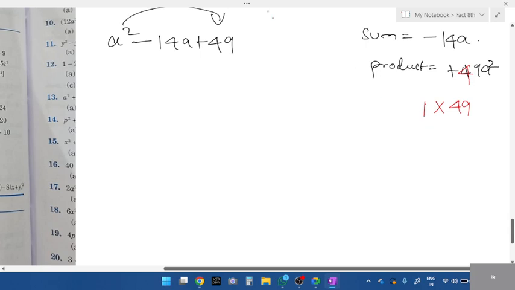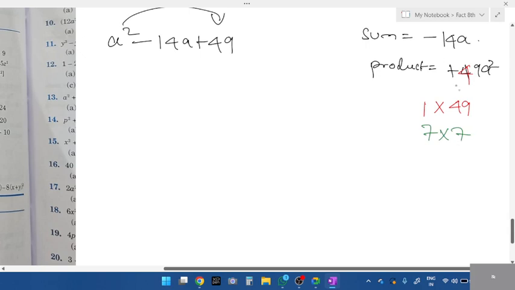Next. Does 2 go in 49? What about 3? No. 4. No. 5, 6, 7, 8 and 9 don't go.